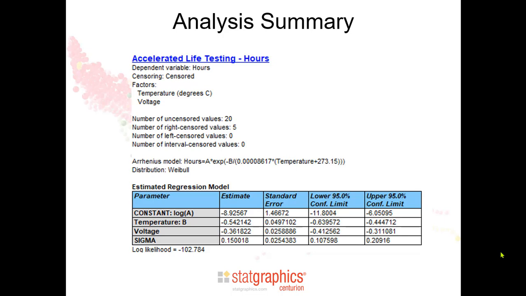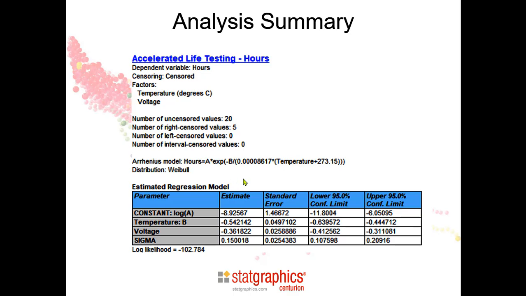Let's take a look at some of the output generated by this procedure. First, this is the analysis summary. It shows that we had 20 uncensored values and 5 right-censored values. The accelerating model we selected was the Arrhenius model. The failure time distribution was the Weibull.